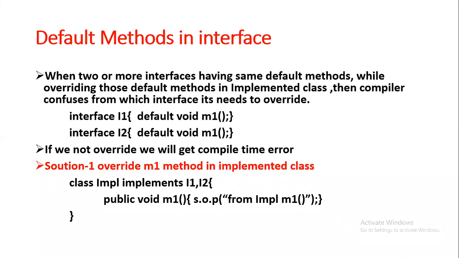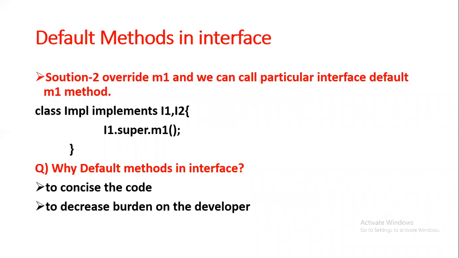What are the points we covered? Why default methods in interface? What is the purpose introduced in Java 8? The default methods are first to make the code concise and decrease the burden on the developer.